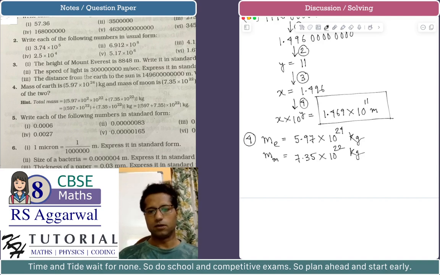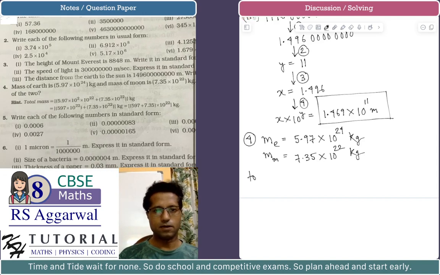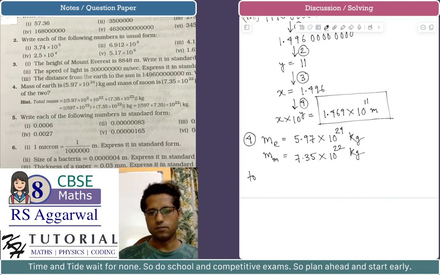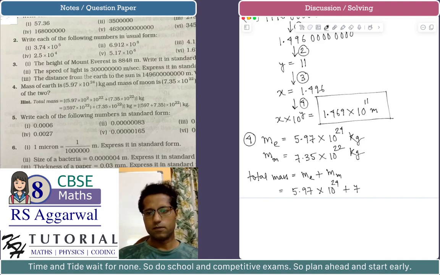We have to find the total mass in standard form. Some hints are given. I am not looking at the hints at all. Total mass is m_e plus m_m, which is equal to 5.97 multiplied by 10 to the power 24 plus 7.35 multiplied by 10 to the power 22.